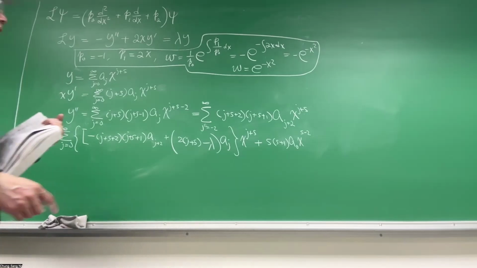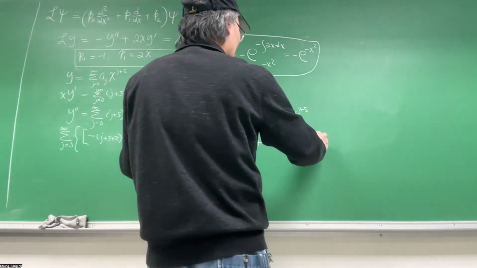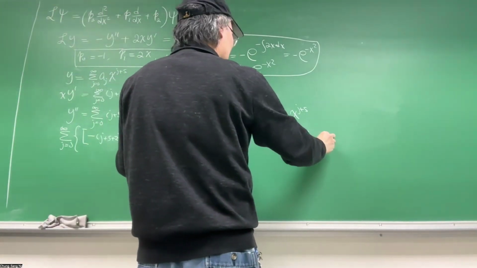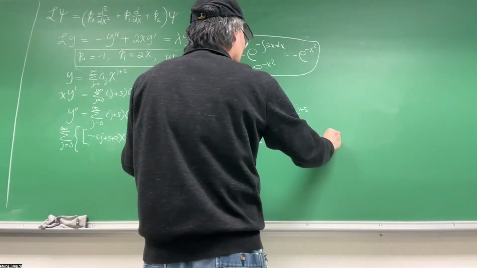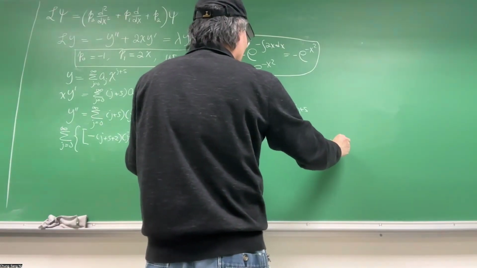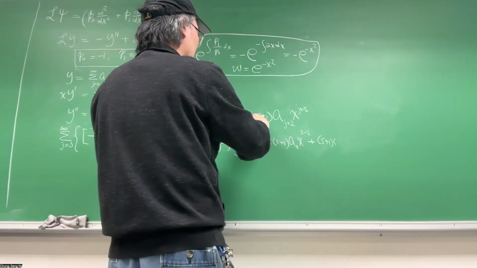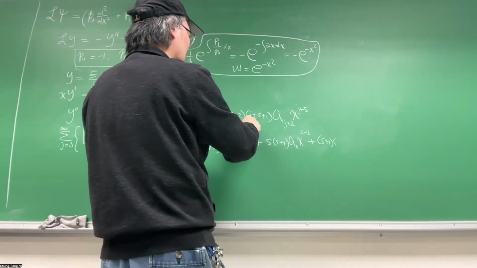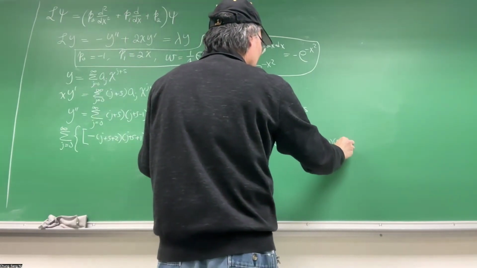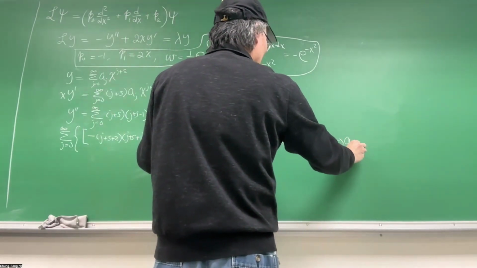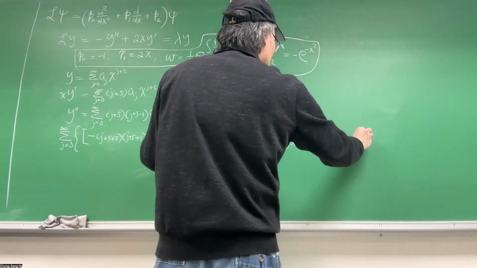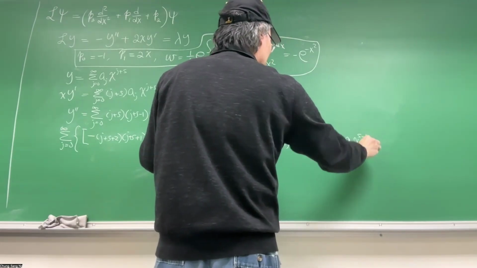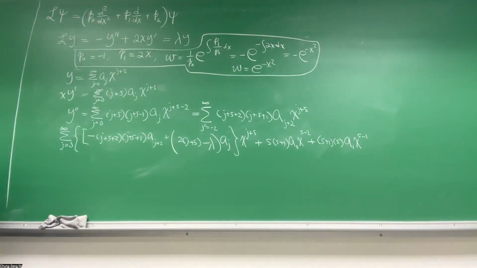And then plus, j is minus 1, so s plus 1 and s, a sub 1, x to the s minus 1. Okay.